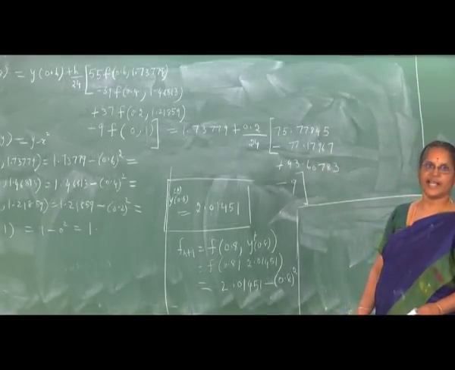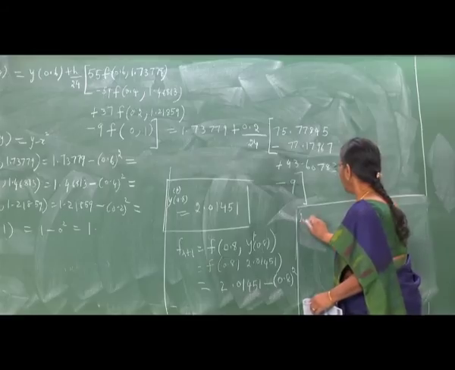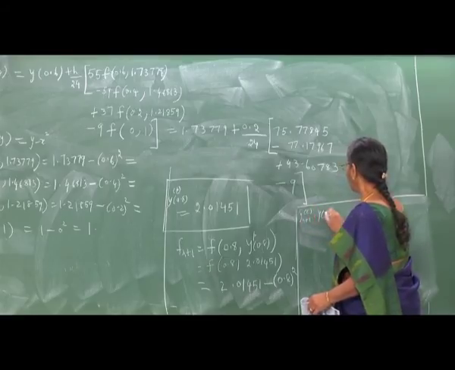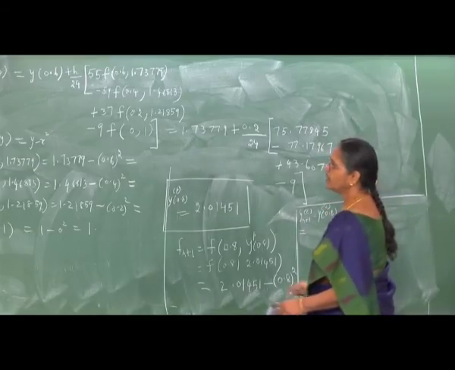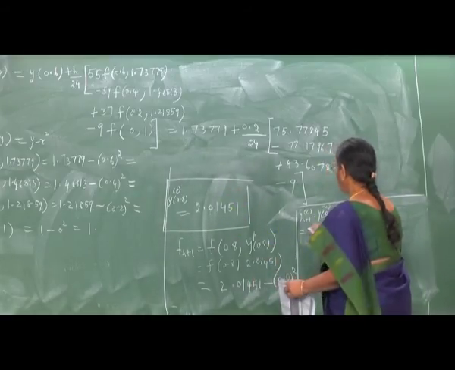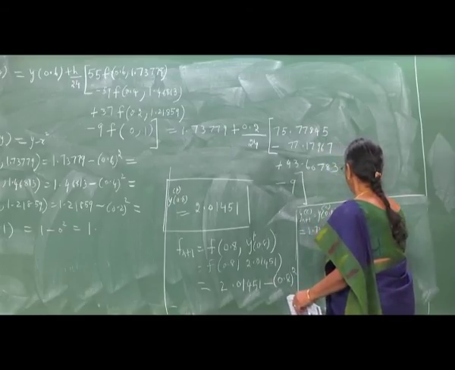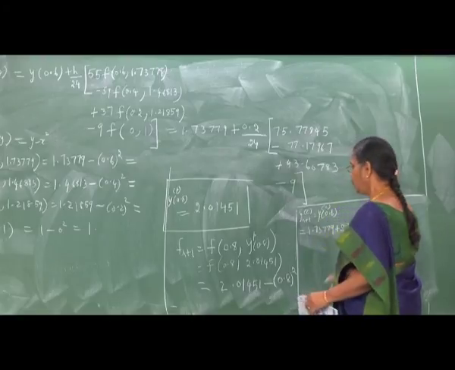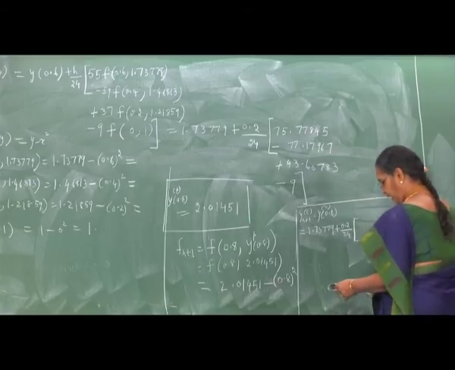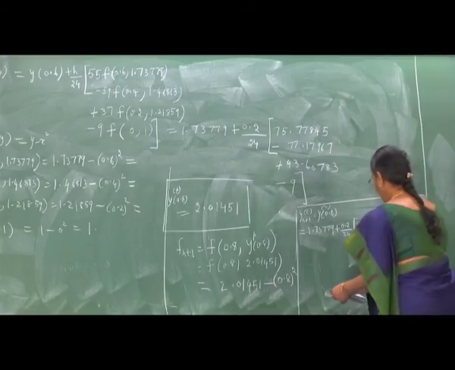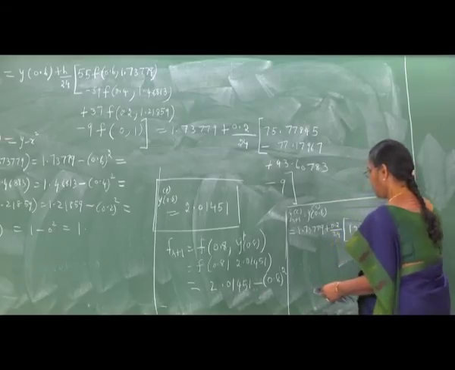Let us now use the corrector and write down the corrected value. So, yn plus 1 corrected is y of 0.8 corrected value, and that is equal to yn, which is 1.73779 plus 0.2 by 24 into Fn plus 1, which is this, and that turns out to be 12.37059.